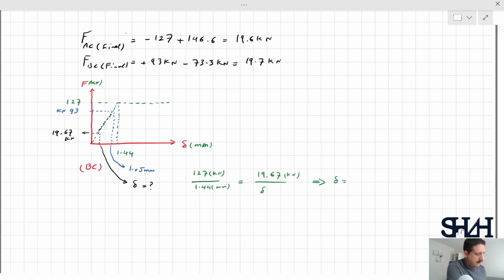And from here, delta final will be 19.67 times 1.44 divided by 127, which is 0.22 millimeter. And as we can see, it is elongated. It means that point C is moving to the left.